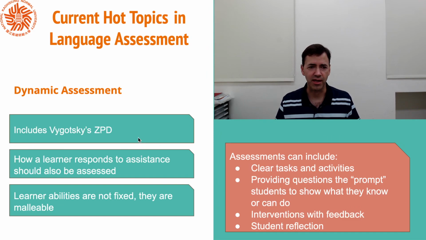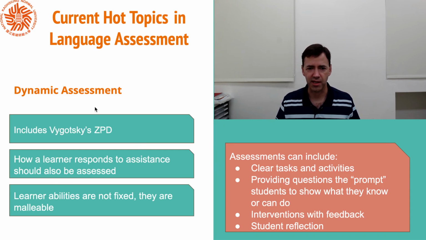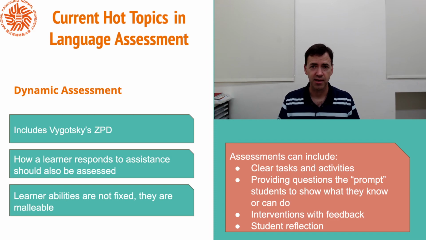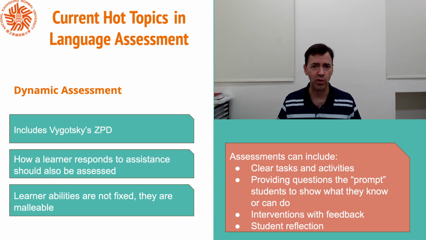Okay, then the next one is dynamic assessment. So a dynamic assessment is a little bit different and it's a little bit complicated, but basically what you're doing is you want to know how well a student can respond to assistance when they're being assessed. So if they get stuck, does that mean they fail? Or can you give them a little assistance? Can you ask them some questions?